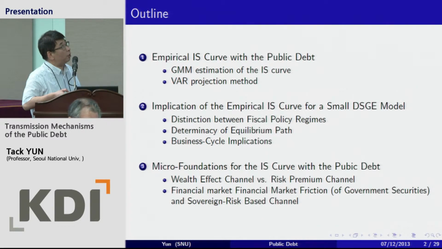The first part of my paper is the empirical estimation of the empirical IS curve. I augmented the conventional New Keynesian IS curve with the public debt, and then tried to see what the coefficient of the public debt is in the augmented IS curve.